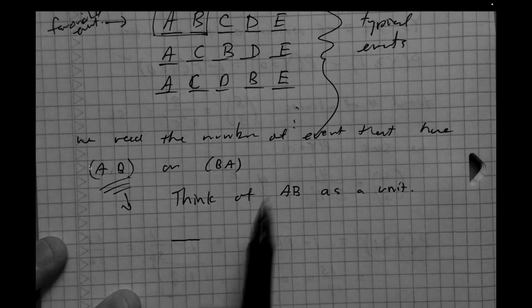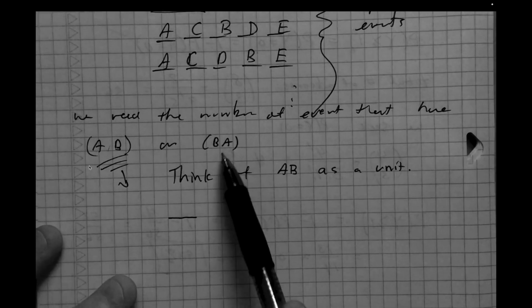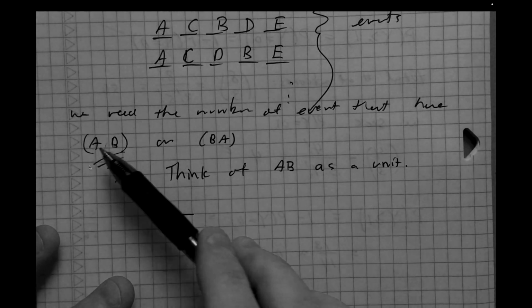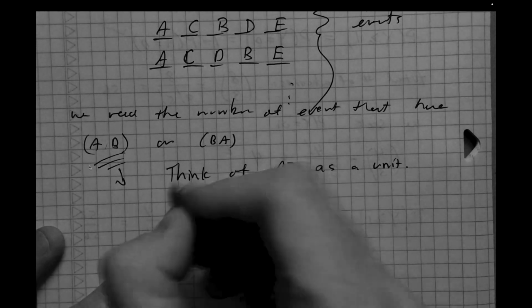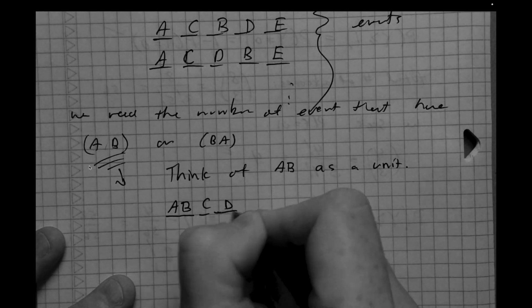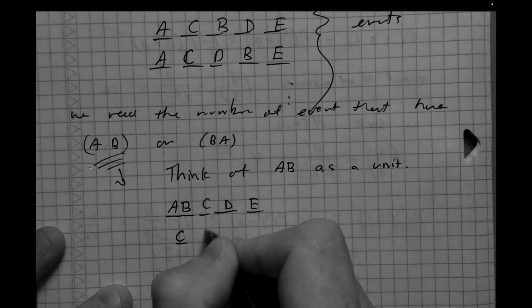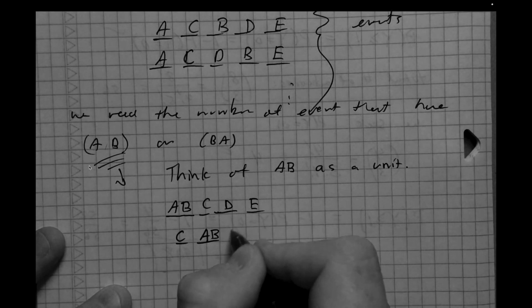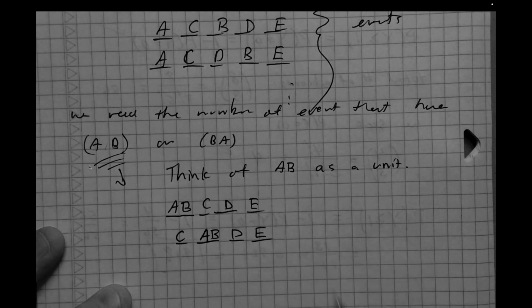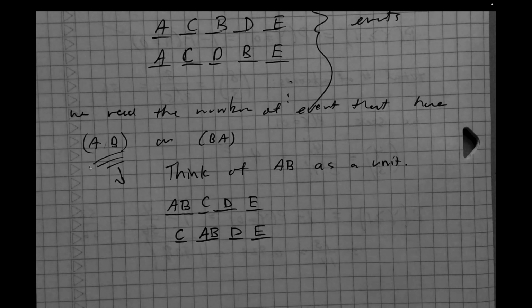Recast your conception of the events and think of all events as AB being always next to each other. So you've got AB and then C, D, E. Or you have C followed by AB, followed by D, followed by E. So think of AB as always being together.